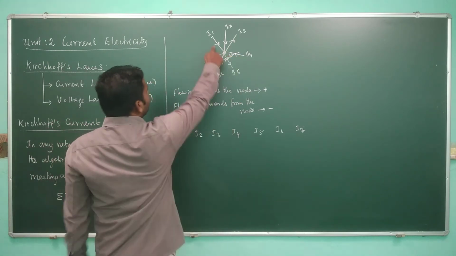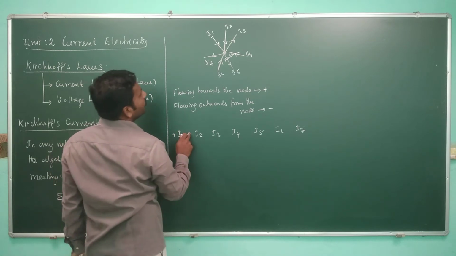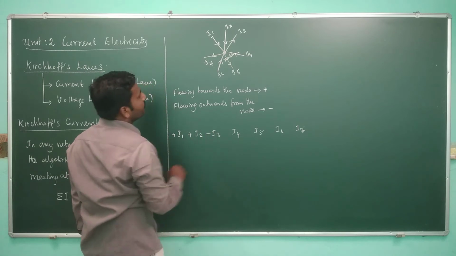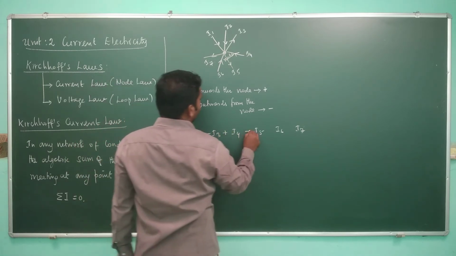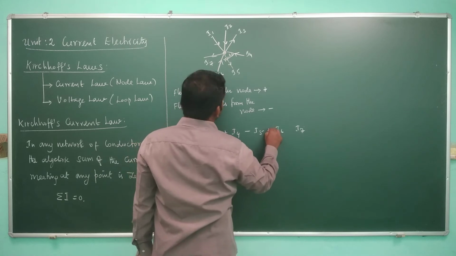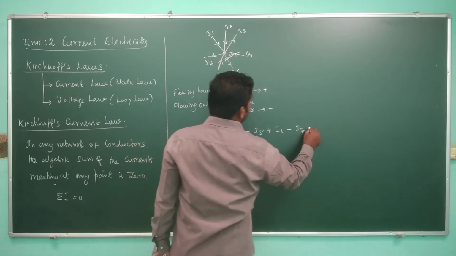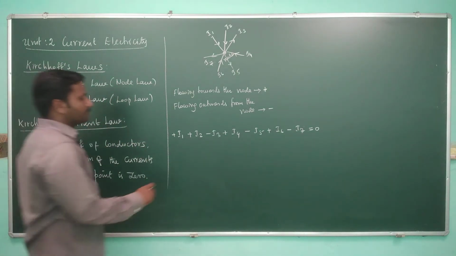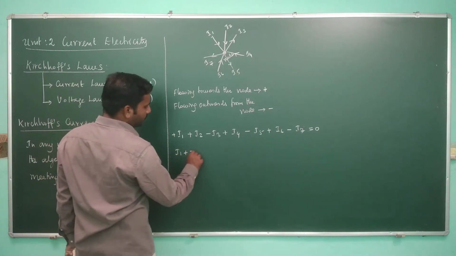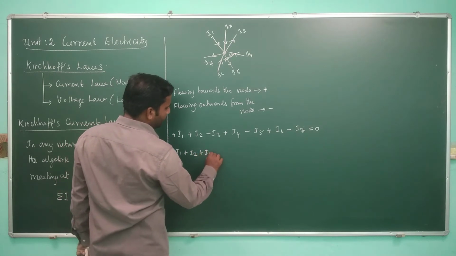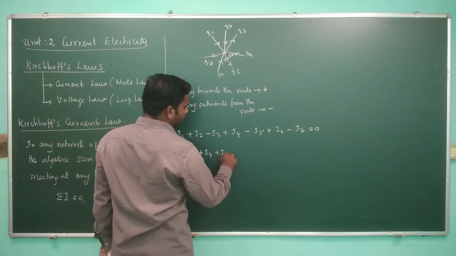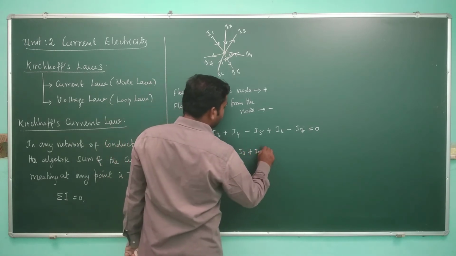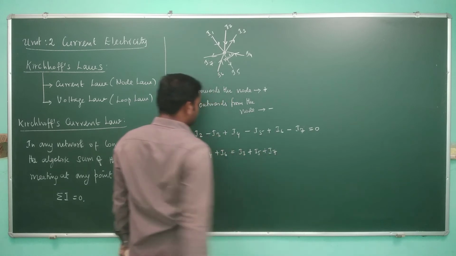In that way, here I1 is plus, I2 plus, I3 minus, I4 plus, I5 minus, I6 plus, I7 minus, which is equal to 0 according to this statement. Which means I1 plus I2 plus I4 plus I6 is equal to I3 plus I5 plus I7.